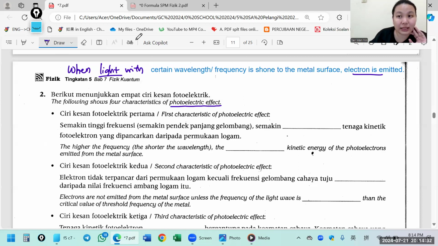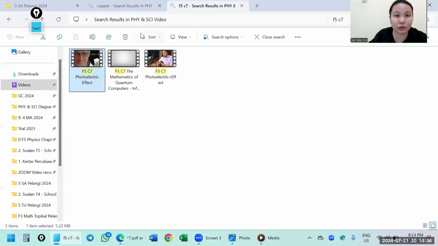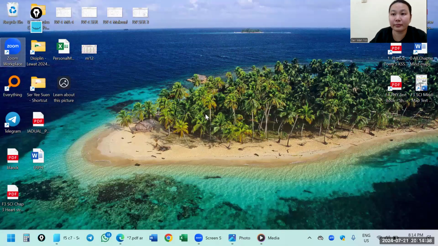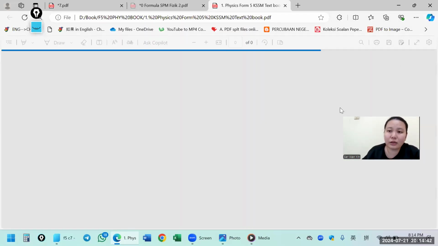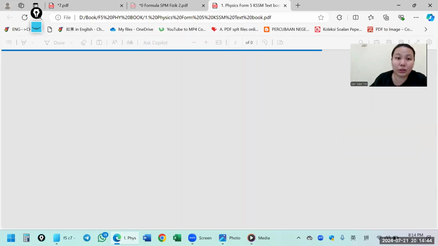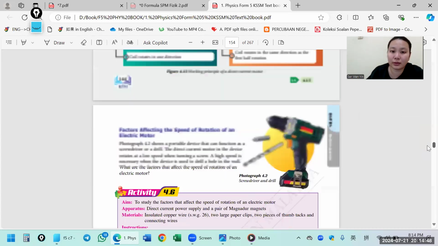What is the exact definition? Maybe we can get the textbook. As long as you have the keywords, you can make your own sentence, no problem.